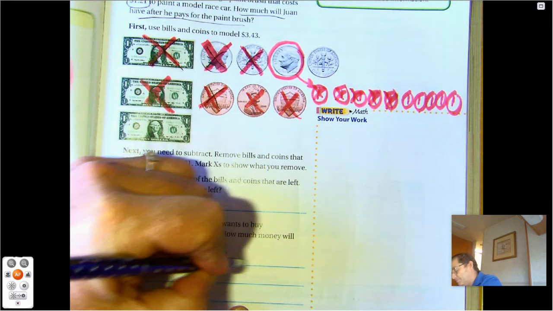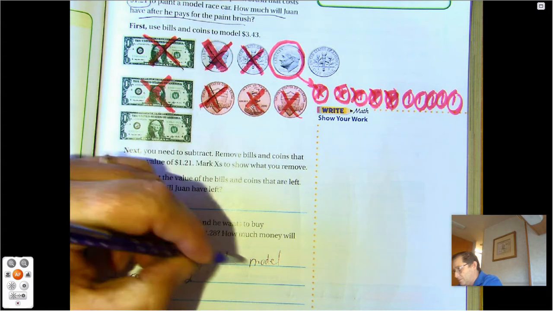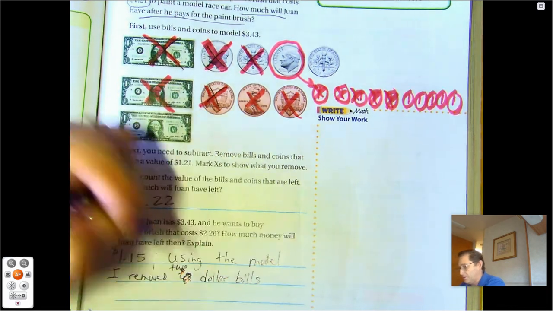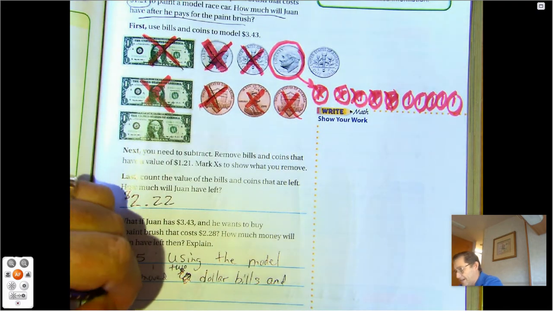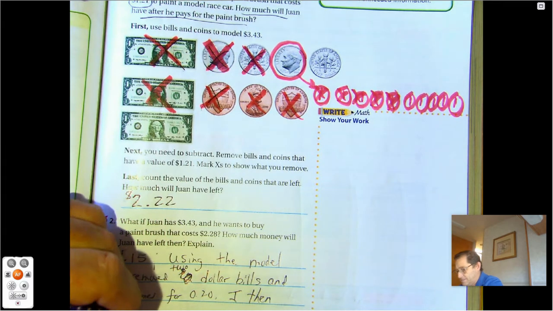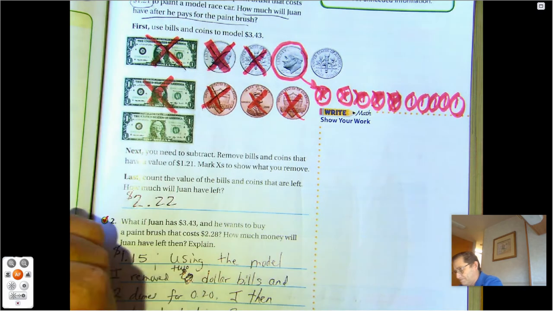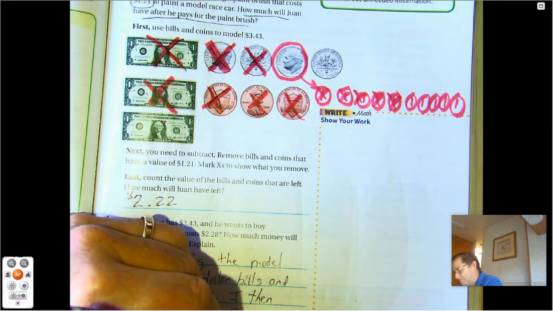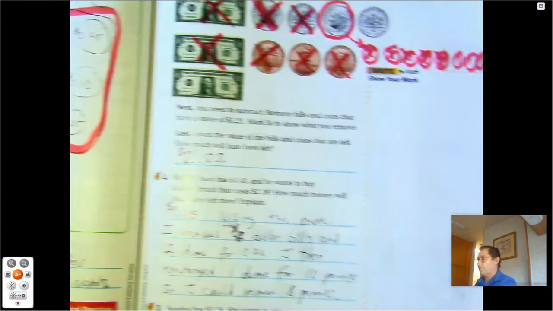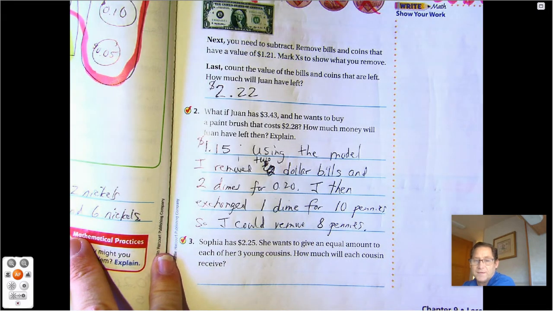So what did I do? Using the model, I removed $2 bills and 2 dimes for 20 cents.